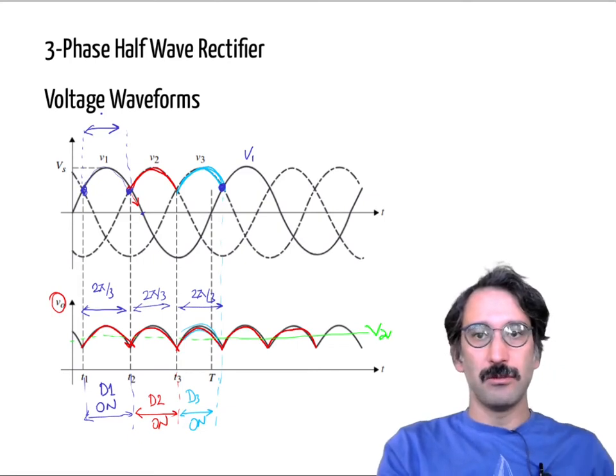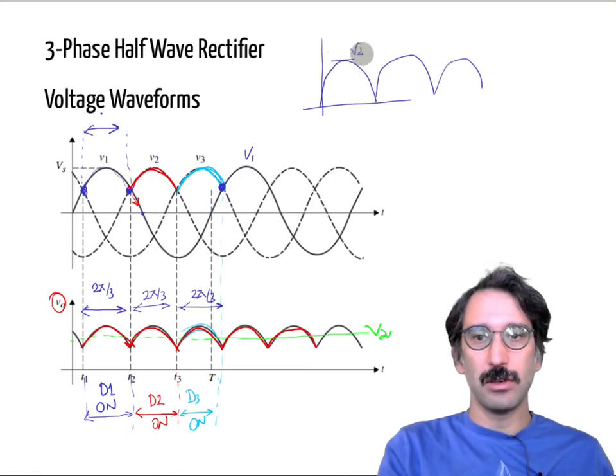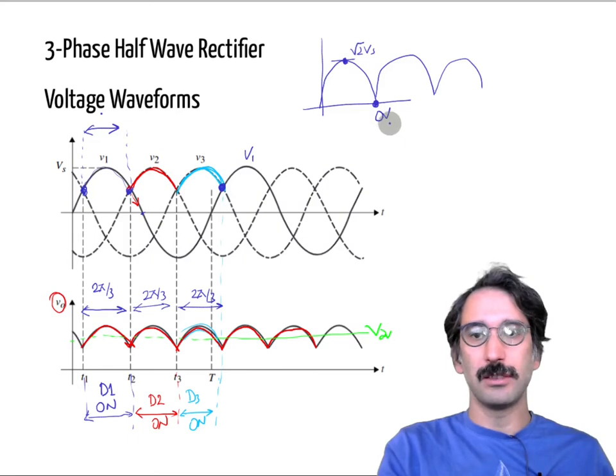One of the biggest advantages compared to the single-phase rectifier: remember in the single-phase rectifier you have a waveform like that, with a peak of square root 2 Vs RMS, and then it goes down to 0 volts, right?